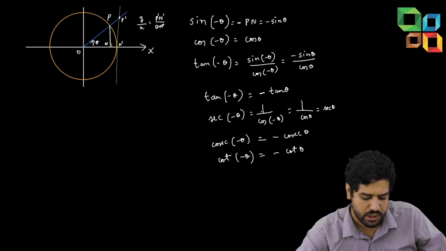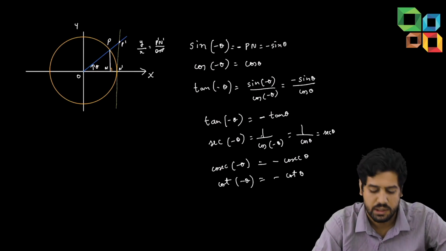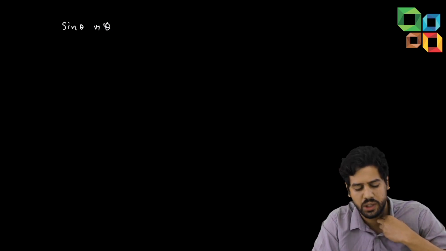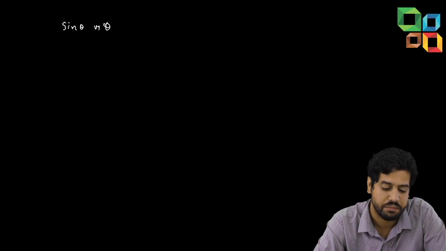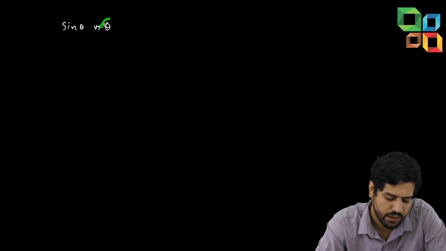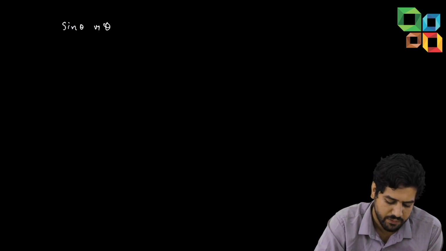Okay. So that's about graphs. Of course, I highly recommend you try and plot sine theta versus theta on your own, because that will give you a lot of understanding not only regarding the graph of sine but also regarding theta, the x coordinate, and you will learn how to convert degrees into radians very fast. It will come to your mind well.